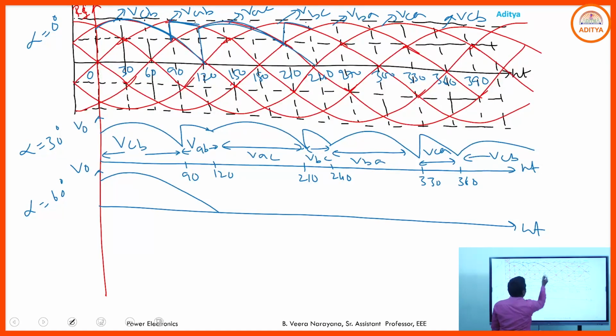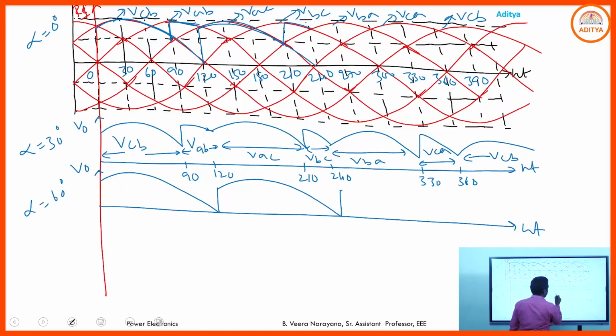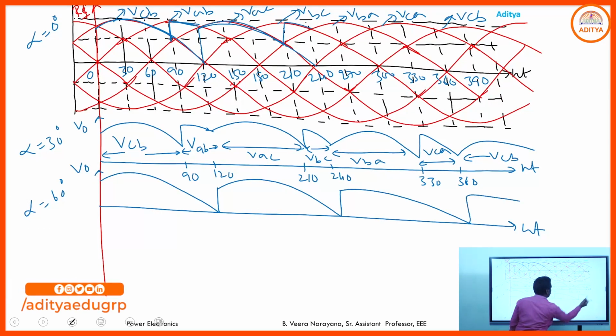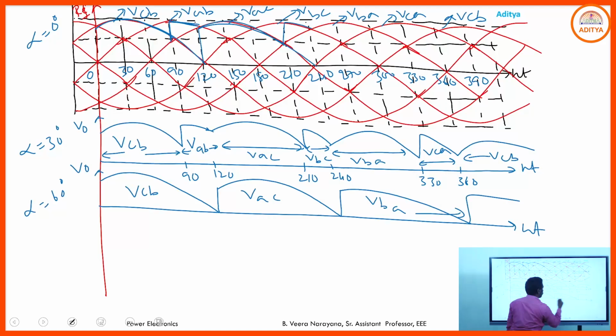This one. VBA. Like this. So it is VCB, VAC, VBA. This is the output voltage waveform for the three-phase semi-converter for alpha equal to 60 degrees.